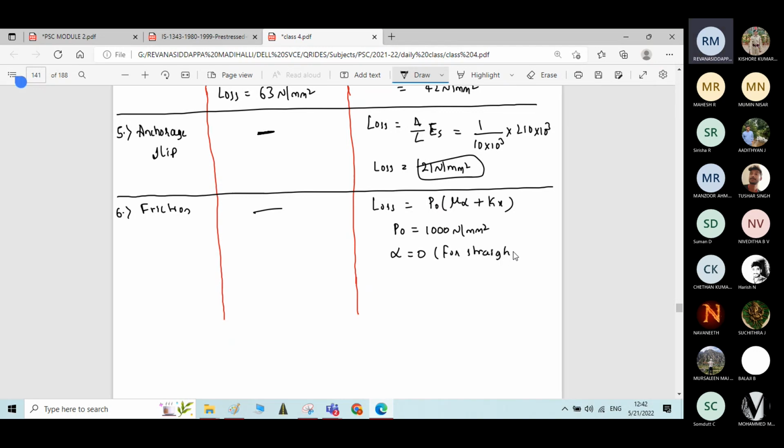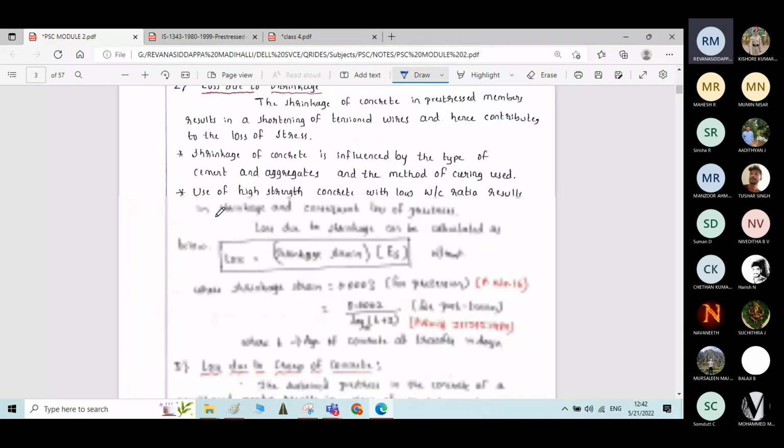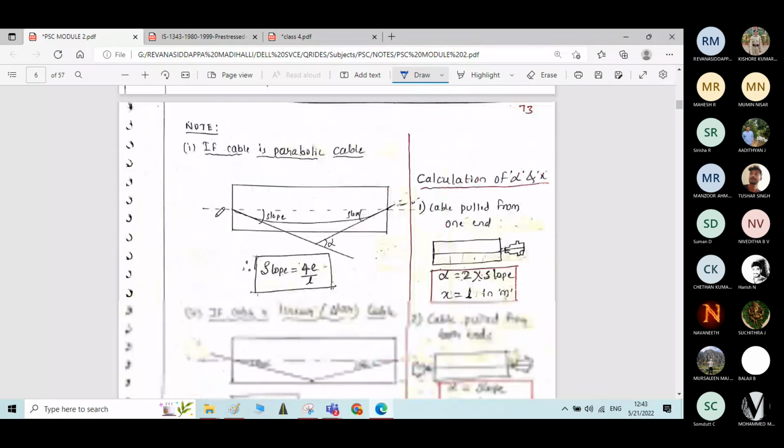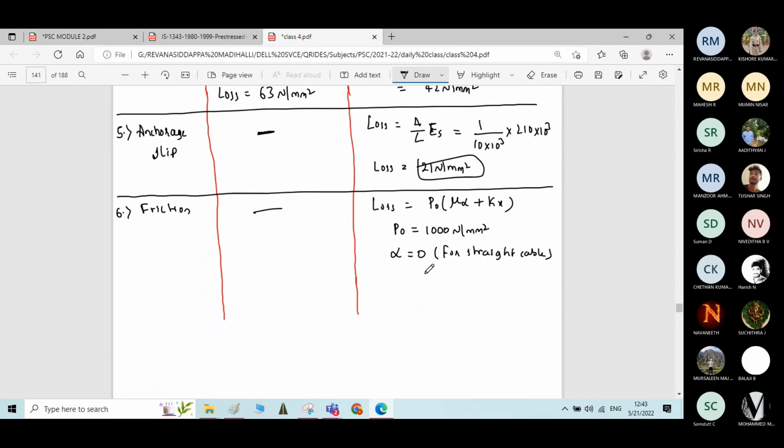Why is it 0? Let me go to the calculation part of alpha. For calculating alpha, you need the value of slope. If it is a straight cable, the slope becomes 0. When slope becomes 0, alpha becomes 0. So for a straight cable, the alpha value is 0.